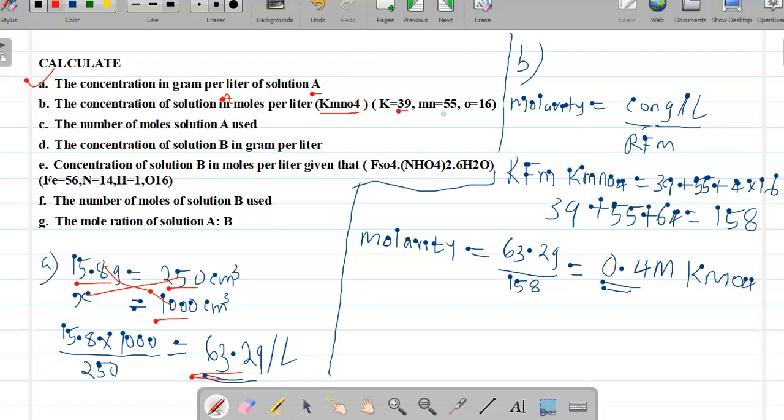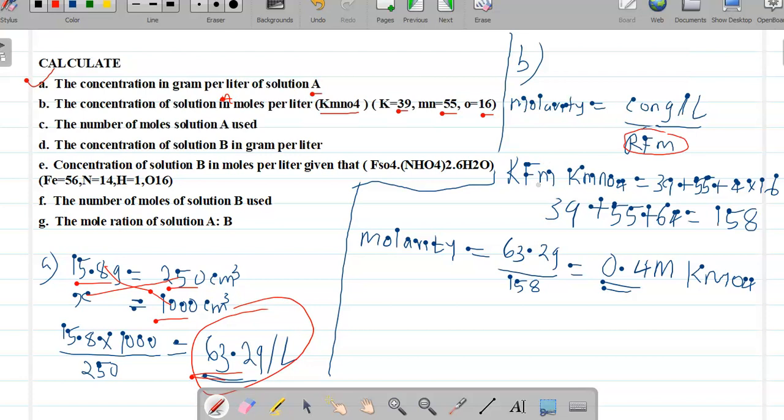Potassium 39, manganese 55, oxygen 16. The concentration in moles per liter, or molarity, can be obtained using this formula: concentration in gram per liter over RFM. The concentration in gram per liter we have already obtained, but we don't have the RFM.